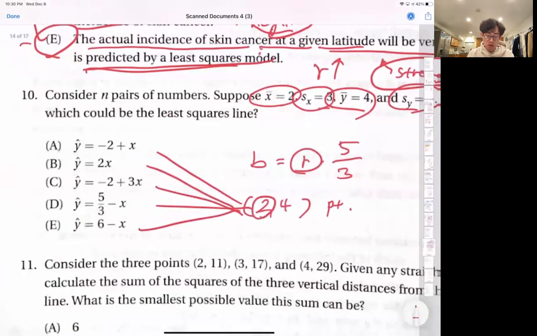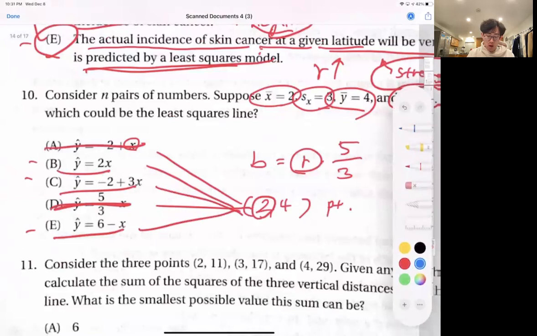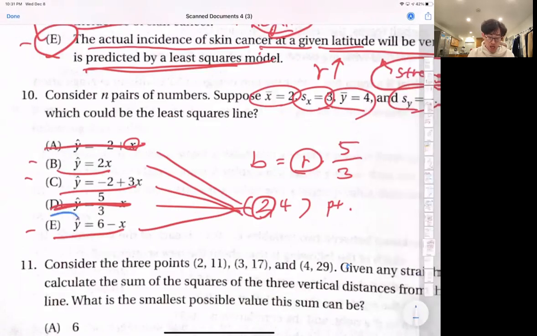So for example, if I plug in 2 for X here, do I get a 4 for Y? No. 4 for this one, 4 for this one, not for this one, and I get this one. So it's among B, C, and E. But the biggest reason the answer is going to be E is because R, I think I went over this with you guys in the scavenger hunt as well, is anywhere between -1 and +1.